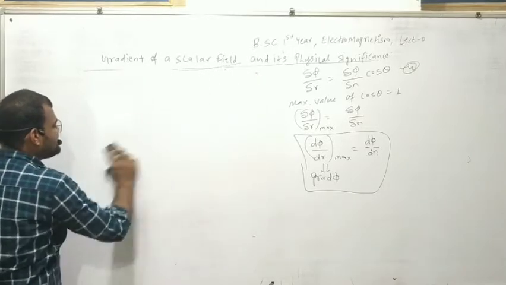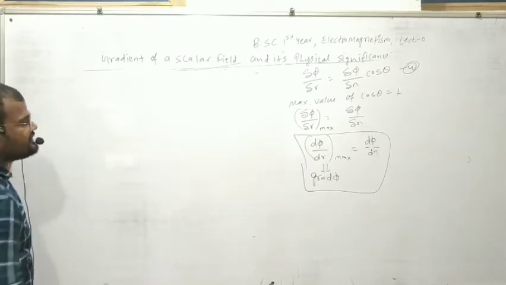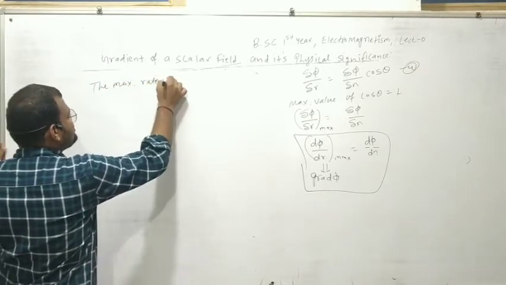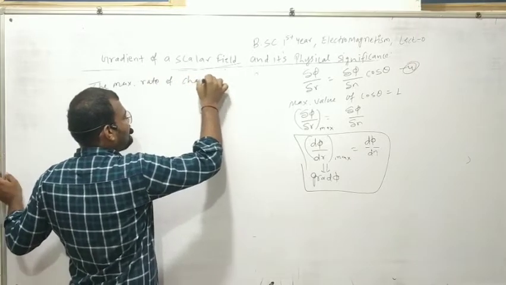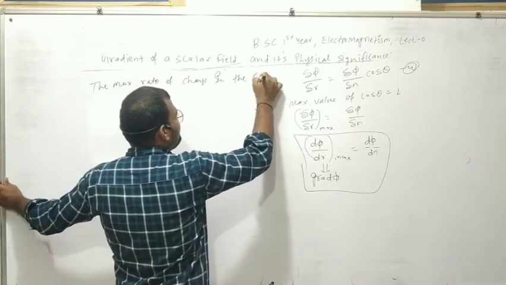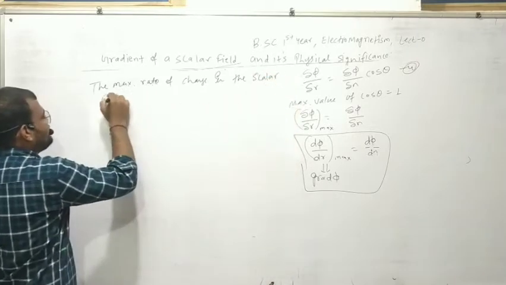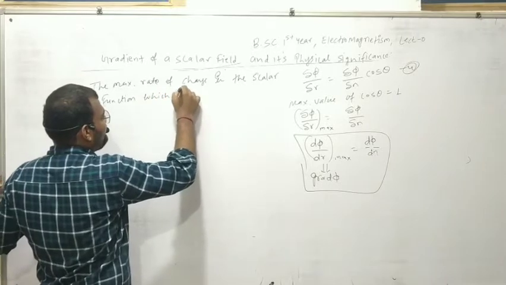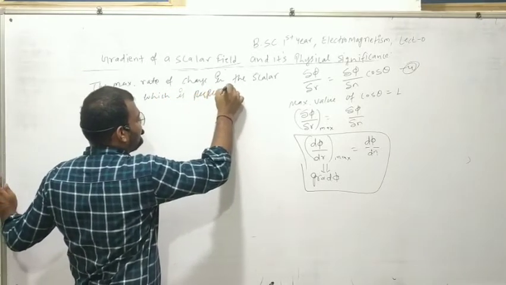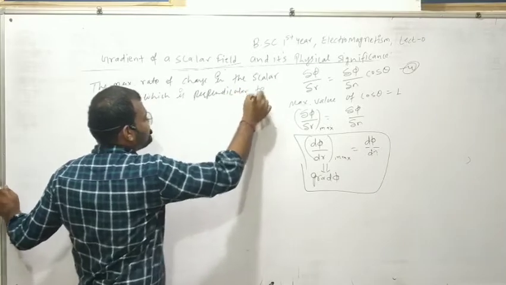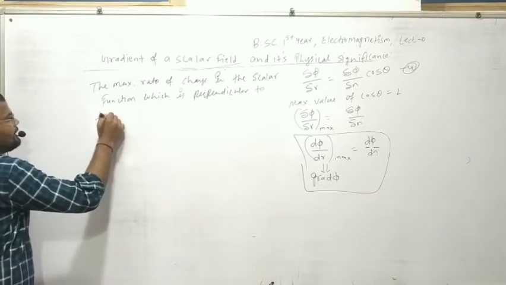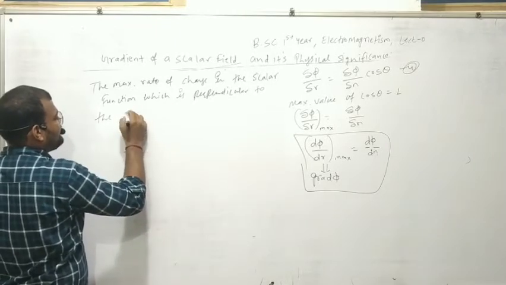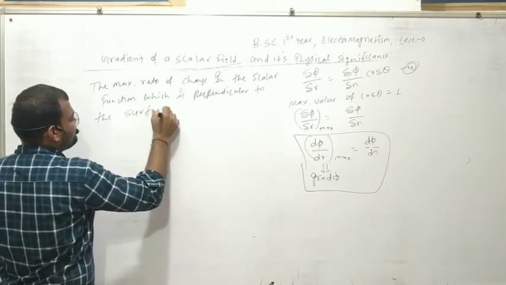the maximum rate of change in the scalar function which is perpendicular to the equiscalar surface.